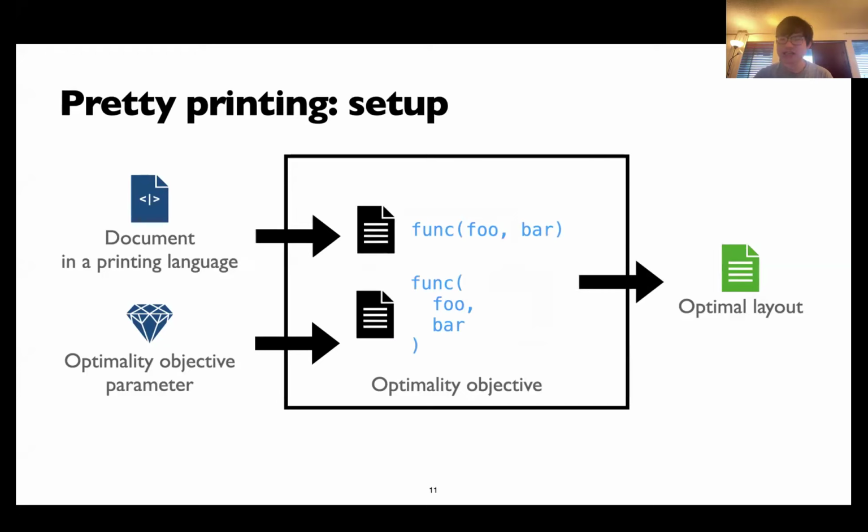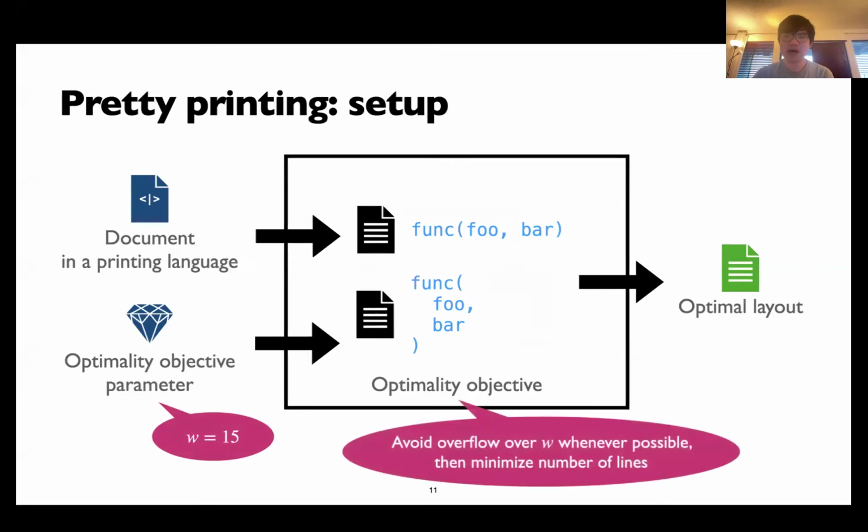They are function application in, let's say, the Python language. Well, with the page width limit of 15 and with the objective of trying to avoid overflow over the page width limit whenever possible, and then minimize the number of lines, that creates this line, the page width limit. And since both layouts are under the page width limit, the one with the minimal number of lines, which is the first one, would be the optimal layout.